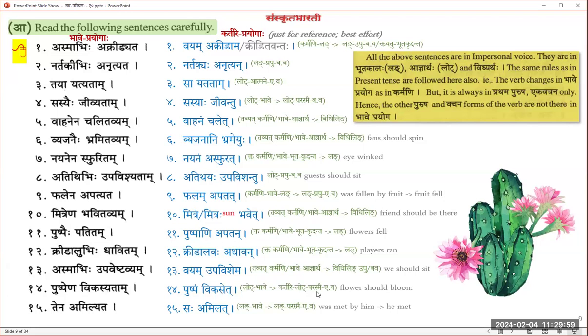Parasmai Vikaset. Yeah. See, Mahoday, akarmaka doesn't mean it is always in atmane form. Atmane parasmai sense has no direct relationship to the karma, akarmaka sakarmaka requirement. That's a different quality altogether.